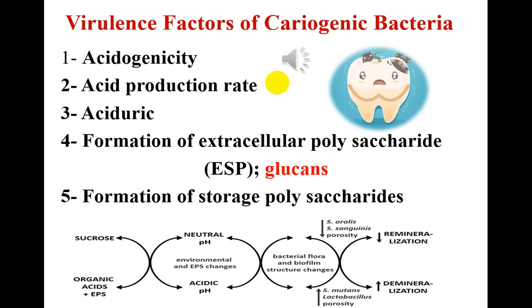The second cariogenic potential is the acid production rate. The capacity of acid production varies between different types of bacteria. Some types of bacteria produce acid faster than other types.